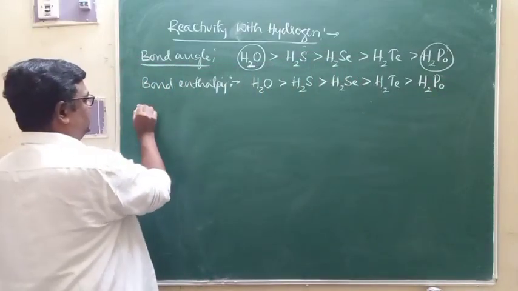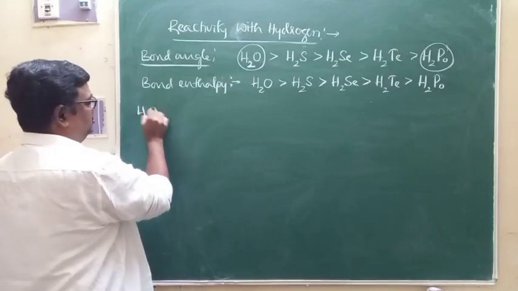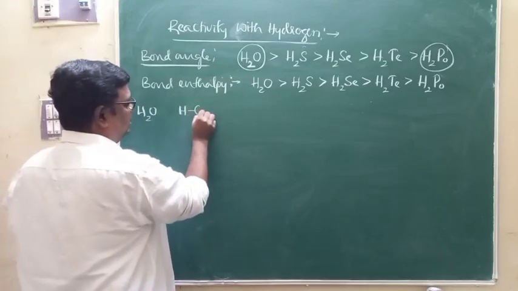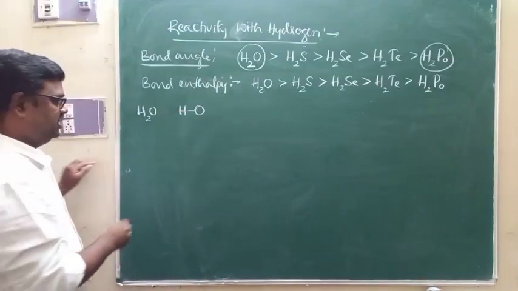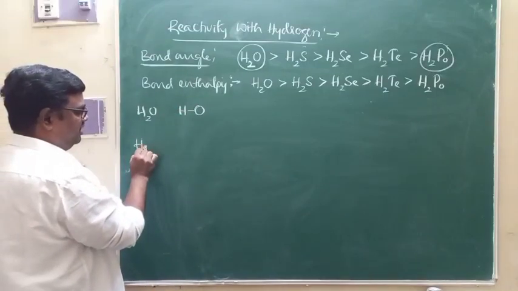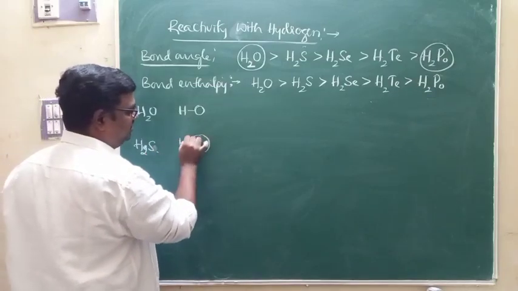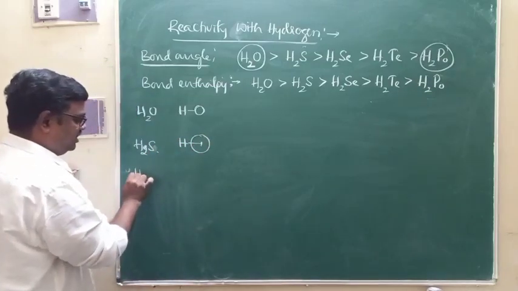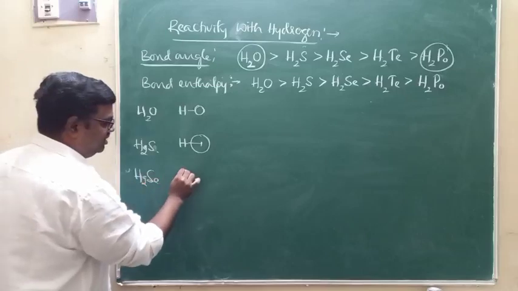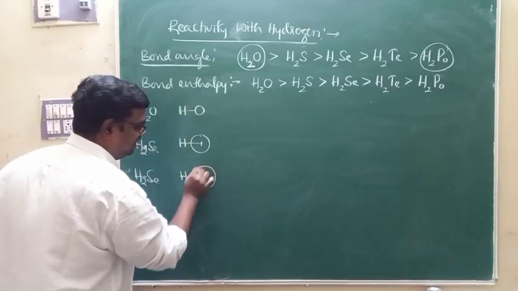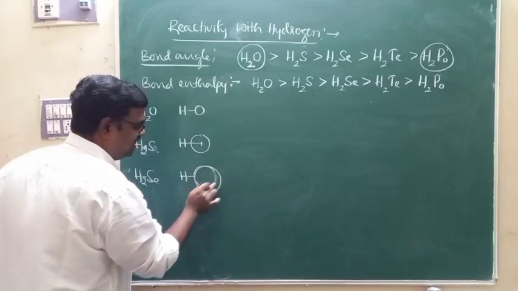The reason is, look at this. In the case of H2O, hydrogen is attached to a very small atom, oxygen. Whereas in the case of H2Se, hydrogen is attached to a little bit bigger atom. In the case of H2Se, the size of selenium increases.